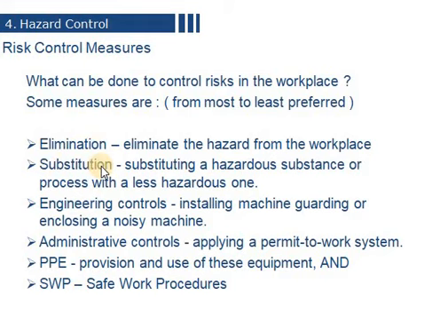Substitution, substituting the hazardous substance or the process with a less hazardous one, using the engineering controls, the administrative controls, and getting and using the personal protective equipment, and providing some safe work procedures.